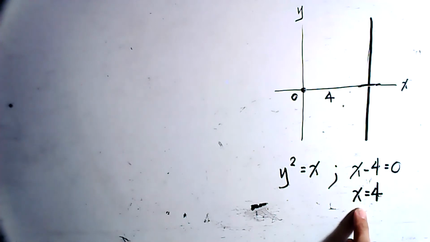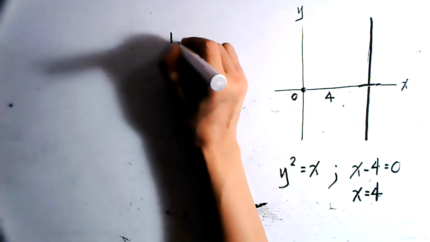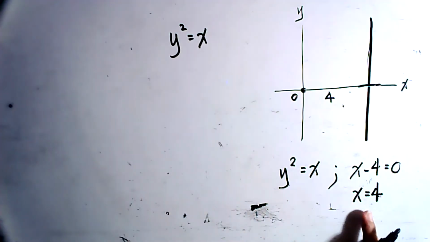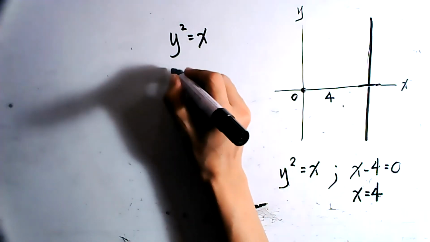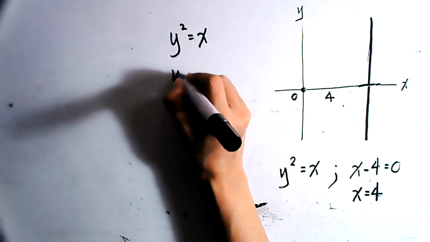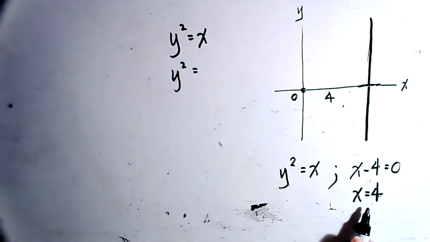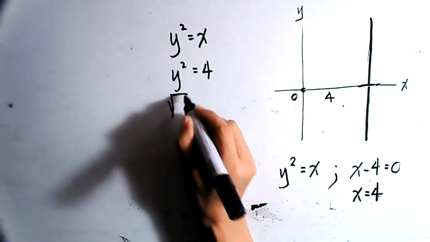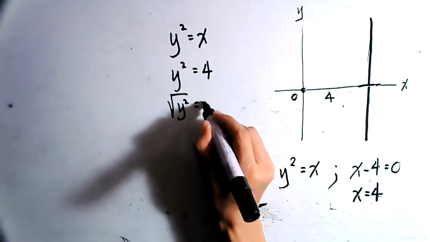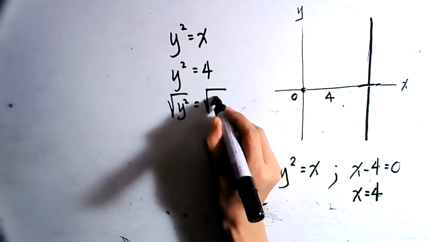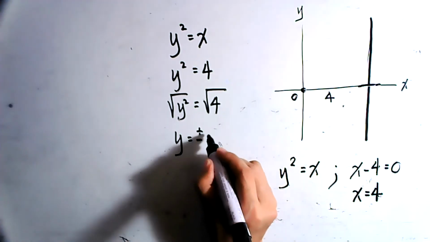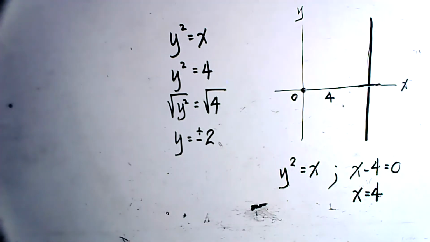Since x is equals to 4, we can substitute the value of x to this equation. So we will have y squared is equals to 4. And if you take the square root of both sides, y will be equals to plus or minus 2.